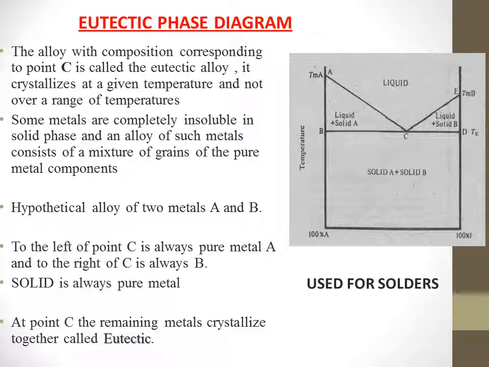The important feature is that it crystallizes at a given temperature and not over a range. Eutectic alloys are usually used for the process of soldering, which we will be discussing in the coming chapters. It is also a process by which two metals are joined together, and eutectic alloys are preferred for this procedure.